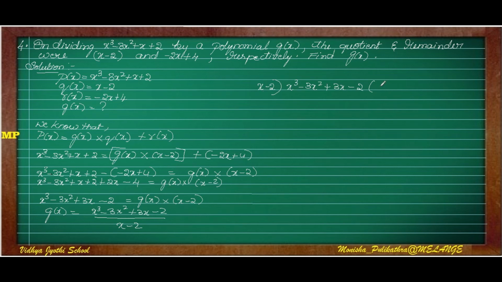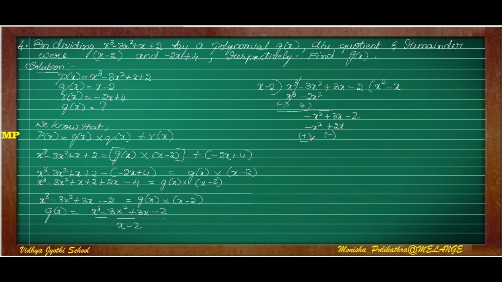So for x to become x³, we have to multiply by x², so it will become x³, minus 2 into x² is -2x². So change the sign, this will get cancelled. Minus into plus is minus. -x² + 3x - 2. So for x to become -x², multiply by -x. So -x², minus into minus, plus 2x.